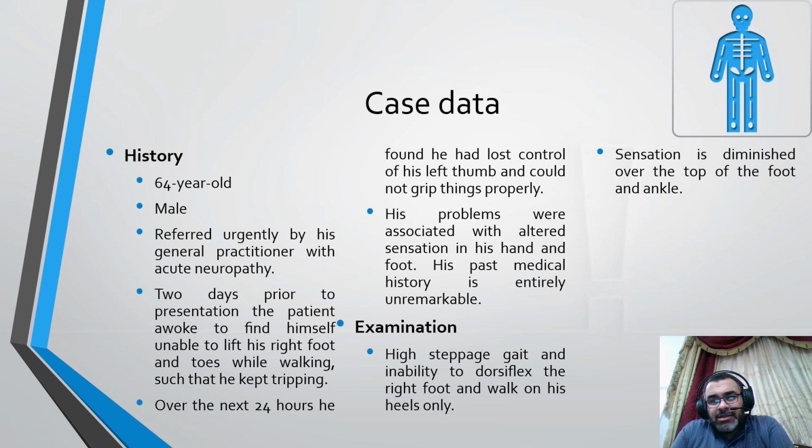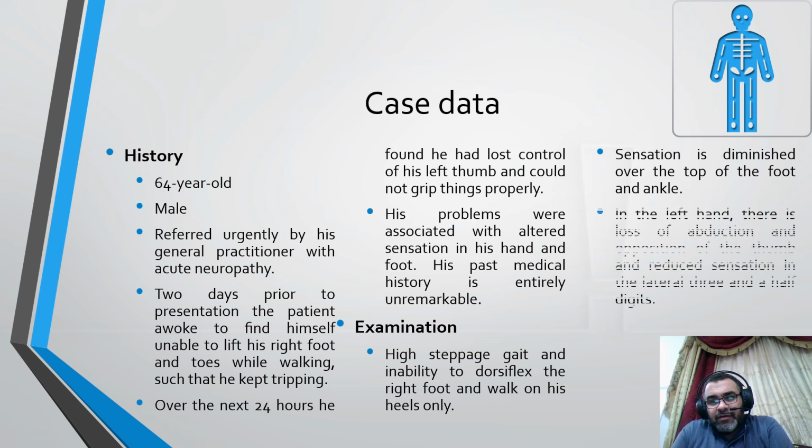Sensation is diminished over the top of the foot and ankle of the right side. In the left hand, there is loss of abduction and opposition of the thumb and reduced sensation in the lateral 3.5 digits. So it is an acute neuropathic condition.